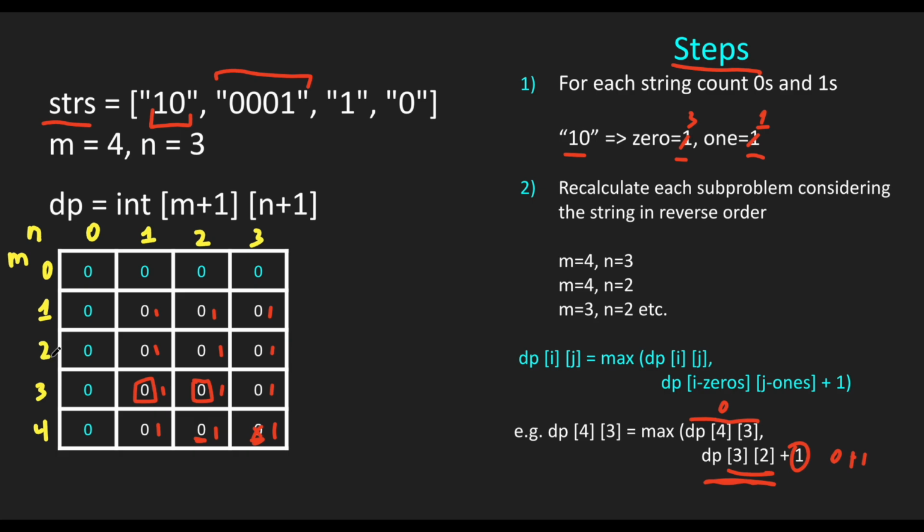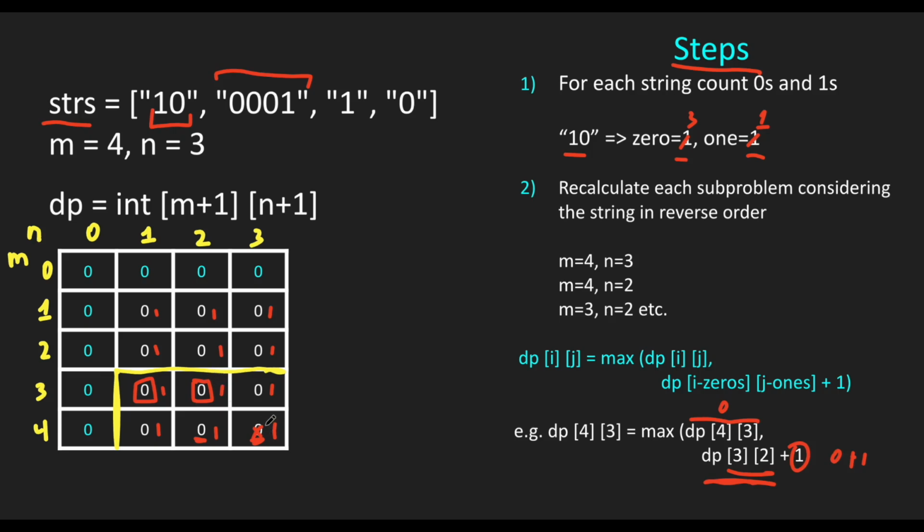When m is equal to 2, we can only start from here, and we need to have at least 3 zeros and 1 one to start. So we are going to only reconsider these scenarios. I hope it's clear, because we are considering only this scenario, if we have 3 zeros and 1 one, 3 zeros and 2 ones, and so on.